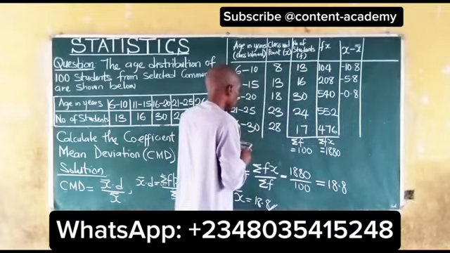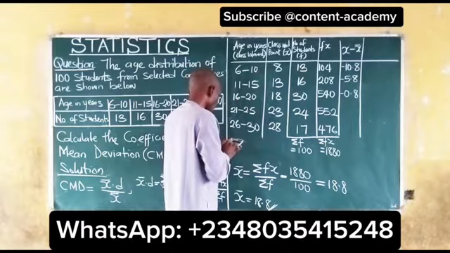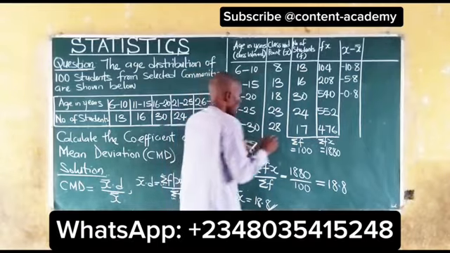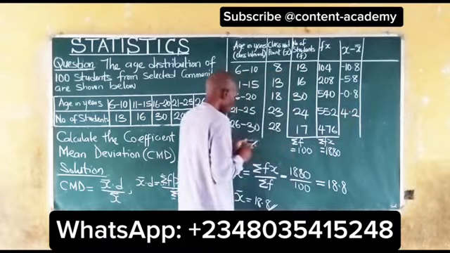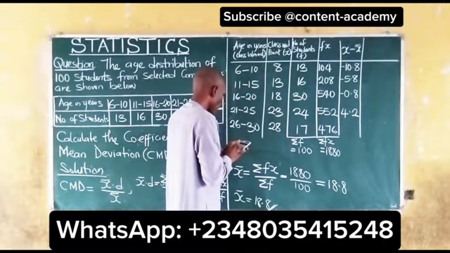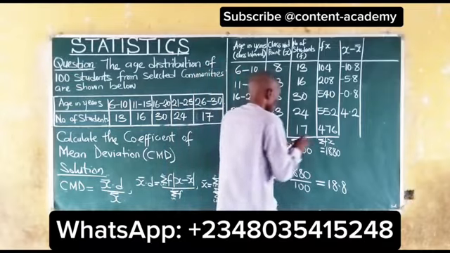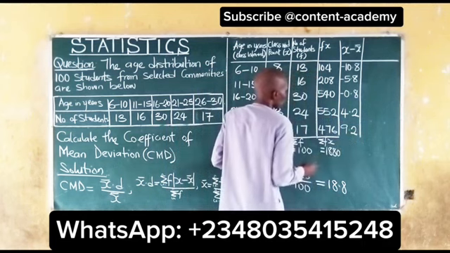Now we have 23. 23 minus 18.8, we have 4.2. We have 28 minus 18.8, which is 9.2.